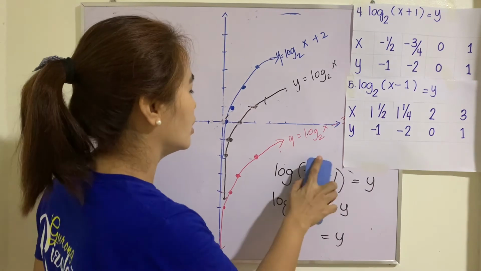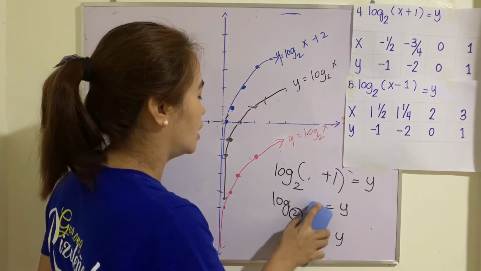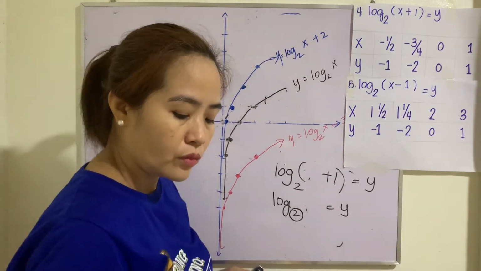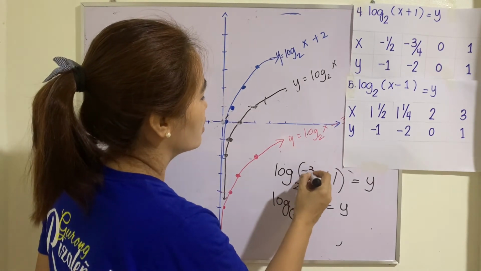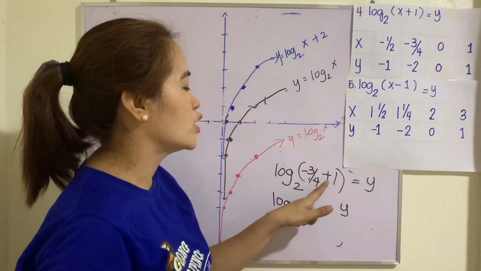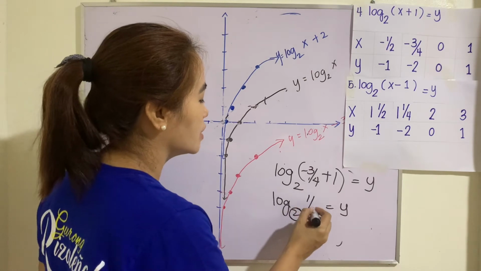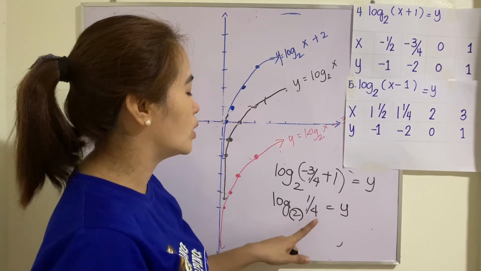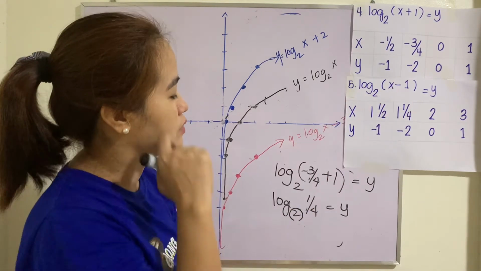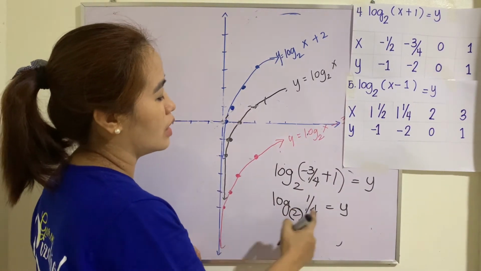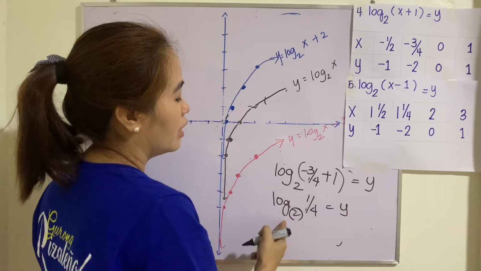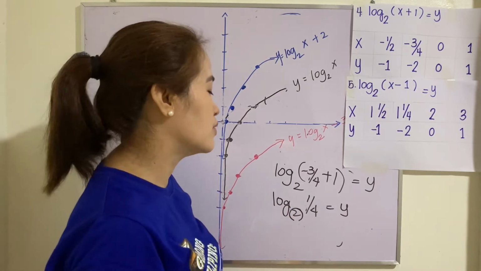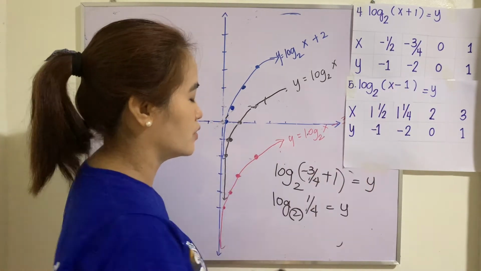Now, what about if I will be putting here negative 3/4? Of course, negative 3/4 plus 1 is 1/4. Again, I will just think of an exponent of 2 that is equal to 1/4 and that is negative 2. Or you can just press log of 1/4 divided by log of 2 in your scientific calculator and you will be getting negative 2.